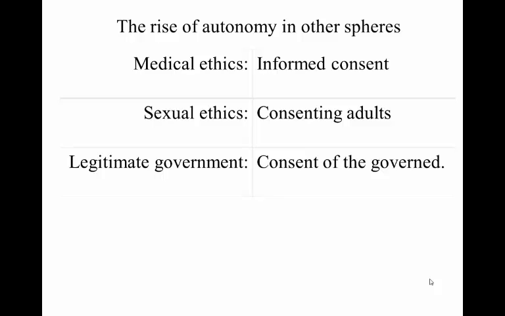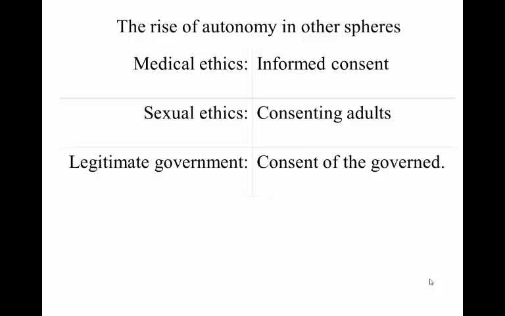The agreement was sealed when the bride's father turned her over to the groom in the presence of a priest. Over the course of the 20th century, this model has been replaced by one where the main thing that makes sex morally acceptable is if the parties involved are adults who can consent to sex and really do consent to sex.